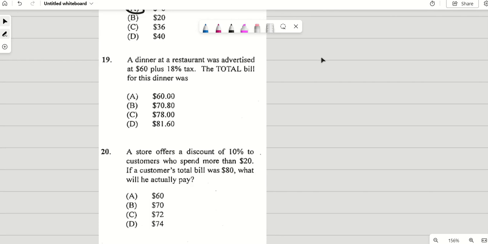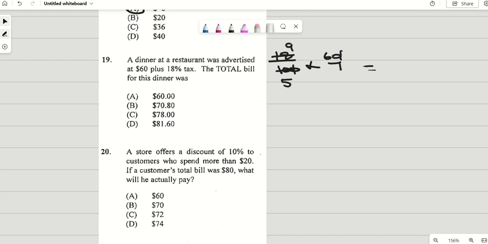Right, this one, the dinner at a restaurant was advertised at $60 plus 18% tax. What is the total bill? Let's find out 18% of the total. That's 18 over 100 multiplied by 60 over 1. Cross out this 0, cross out this 0. 2 into 10 is 5, and 2 into 18 is 9.